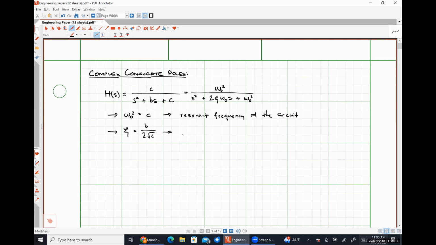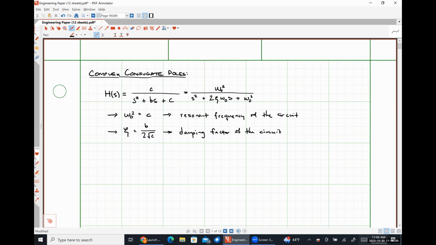And this is what's known as the damping factor of the system. And it is usually related to the amount of resistance in our system in some way, shape, or form.